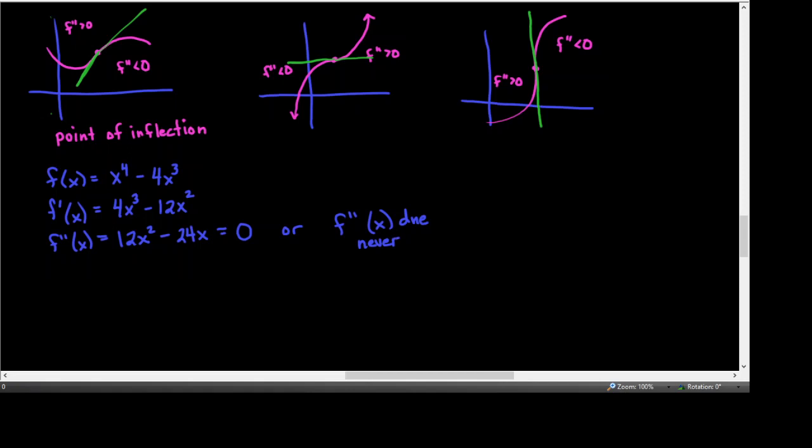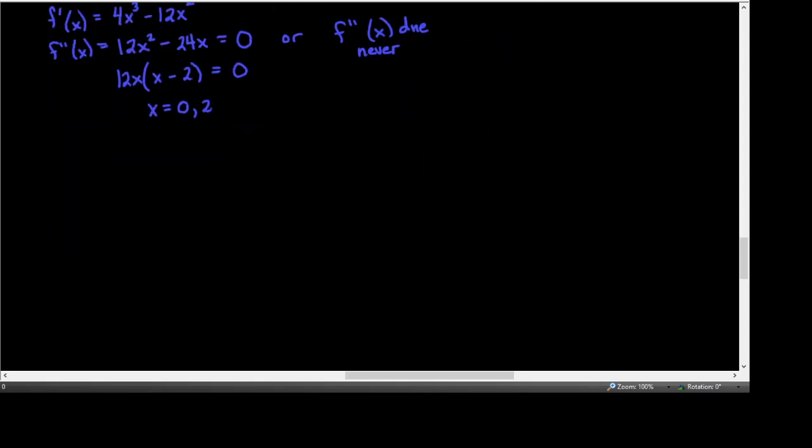So the second derivative exists for all real numbers x. So over here at equal to 0, the common factor is 12x. Factored out, that leaves x minus 2. And so this equation solves to give us 0 and 2 as important numbers. Again, we don't call them critical numbers when it's the second derivative.